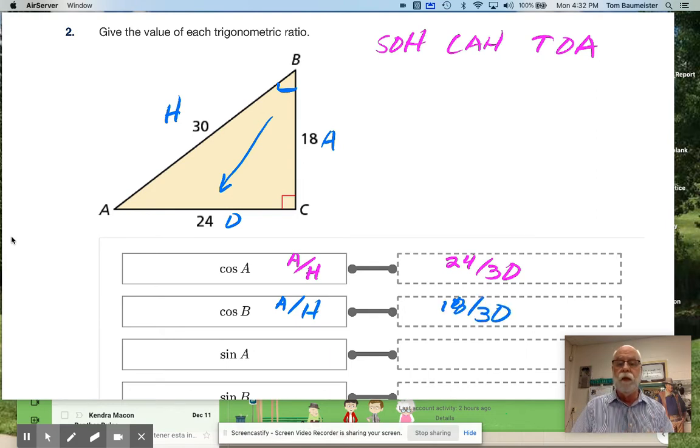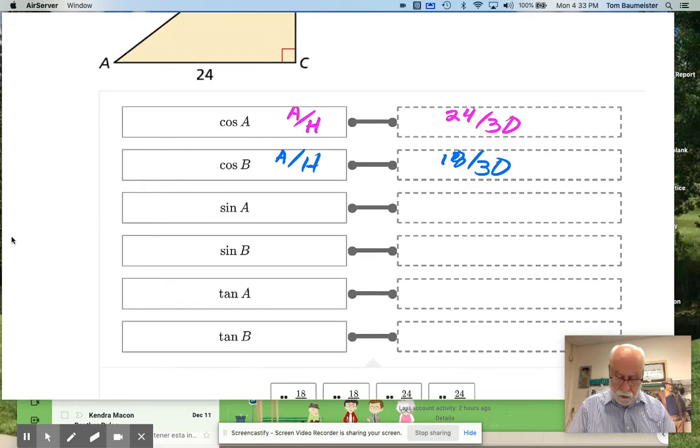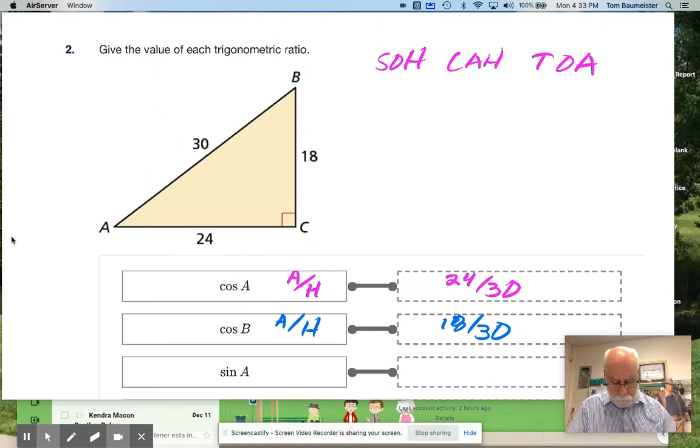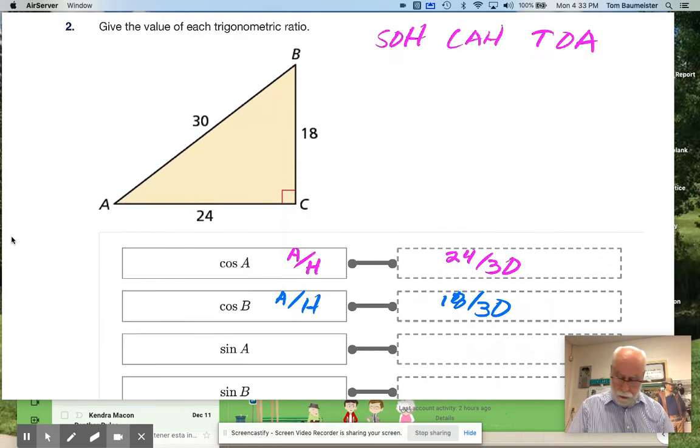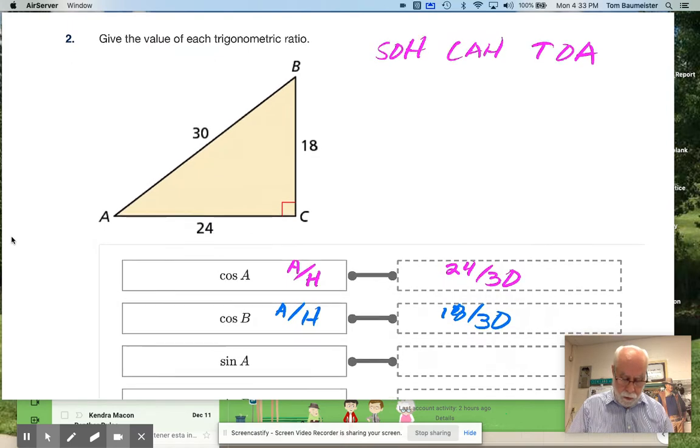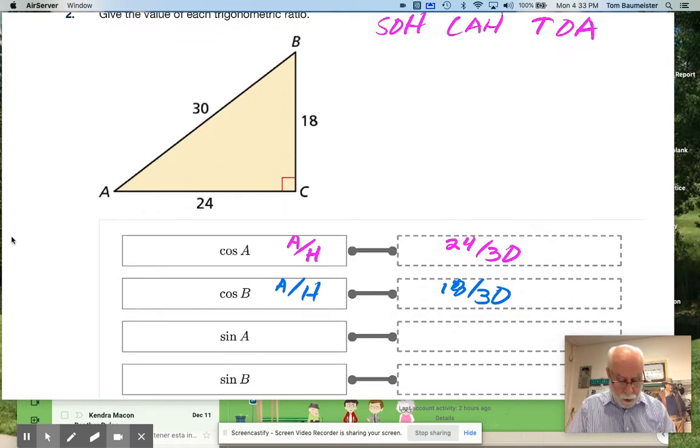If we were doing this on another test, I would be telling you to reduce the fraction, but since it's just a drag and drop, you don't have to reduce the fraction. Now again, for sine, there's two ways to remember it. We can take our sine of A, and A would be the opposite over the hypotenuse.